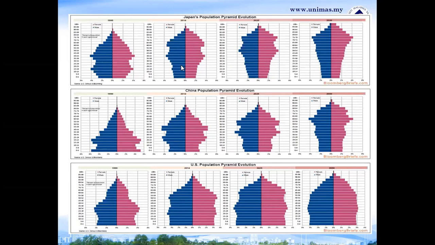So it has evolved through these stages, ya. China also slowly evolving into this shape what they have now, yeah. So different countries went through a different phase of evolution in terms of the population pyramid. Okay, dan seperti saya katakan tadi, polisi sesebuah negara banyak, ya, mempengaruhi, that influence the shape of the pyramid.